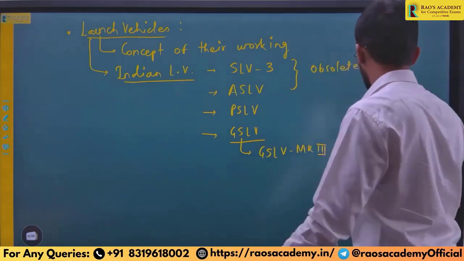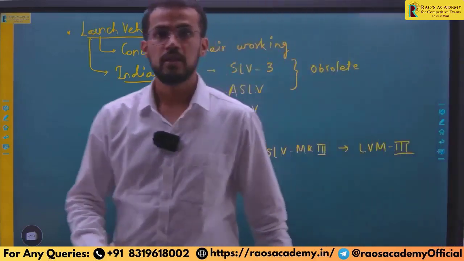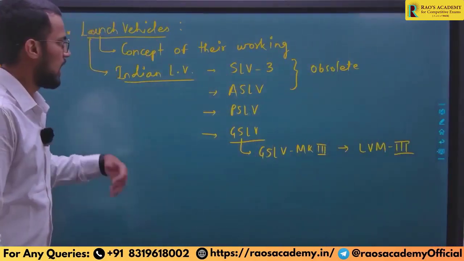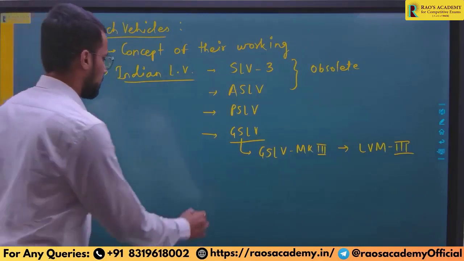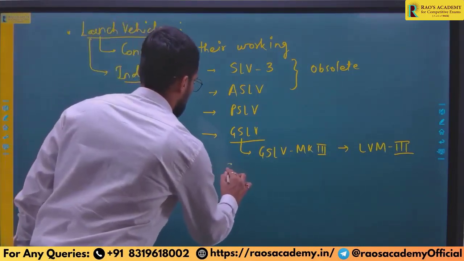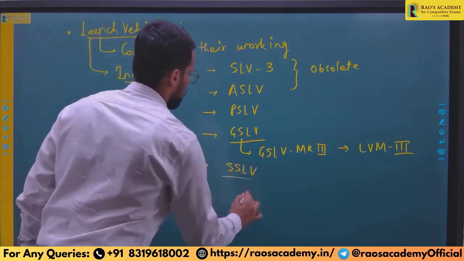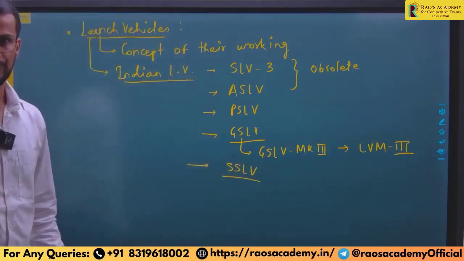Right, so these different launch vehicles you should be aware of. And apart from that, there is one more launch vehicle that has been developed recently. It is called SSLV, Small Satellite Launch Vehicle.